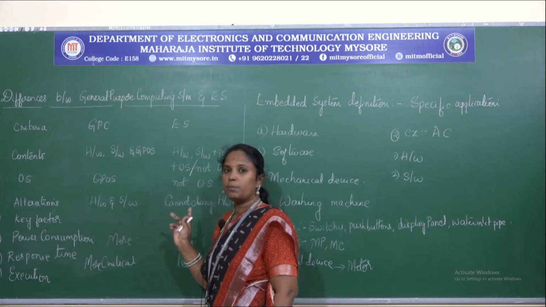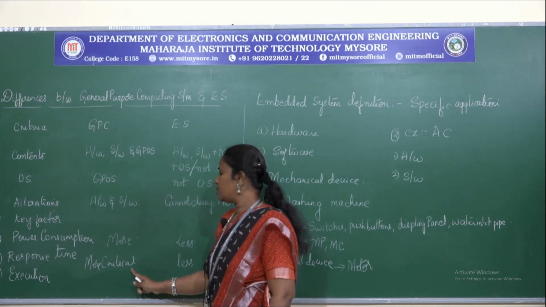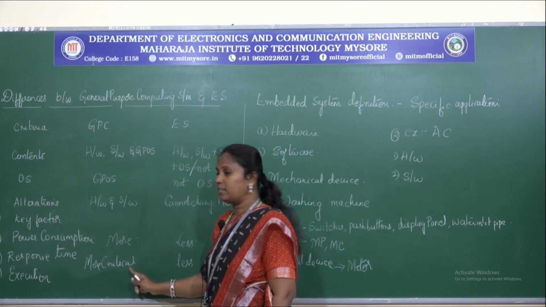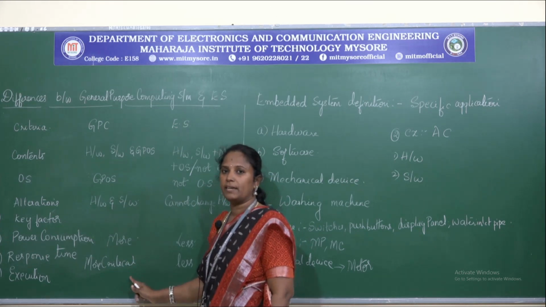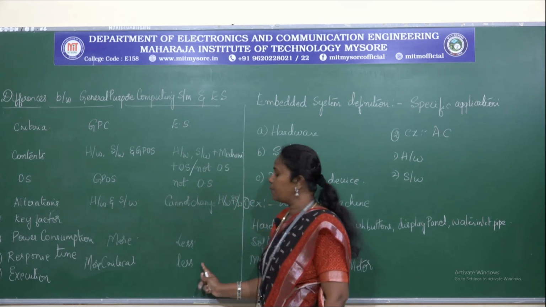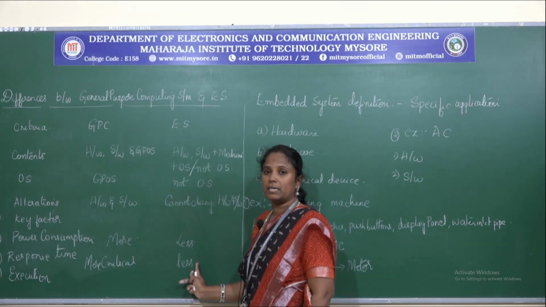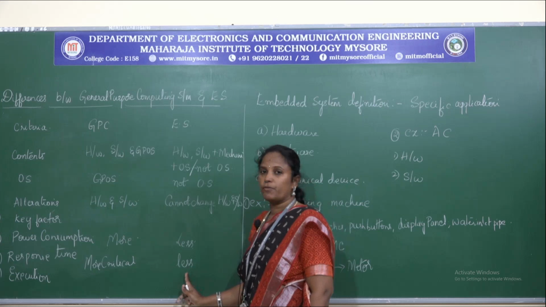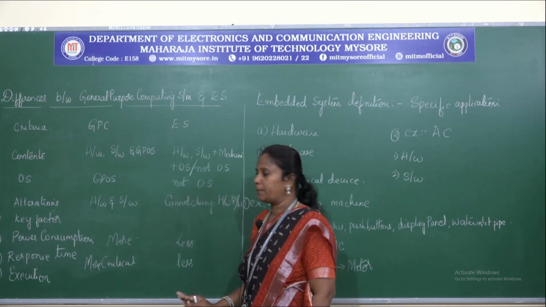In the case of a general purpose computing system, it is going to have more delay in completing a task. But in the case of an embedded system, it is going to perform its operation within the deadline.